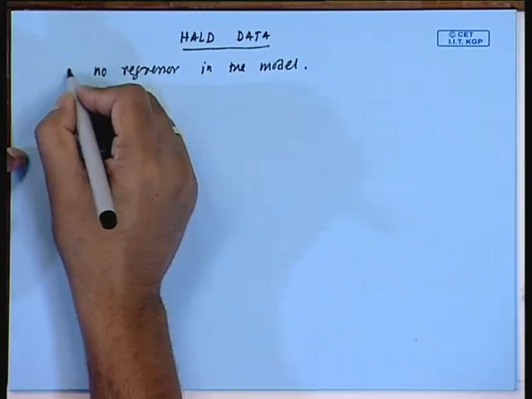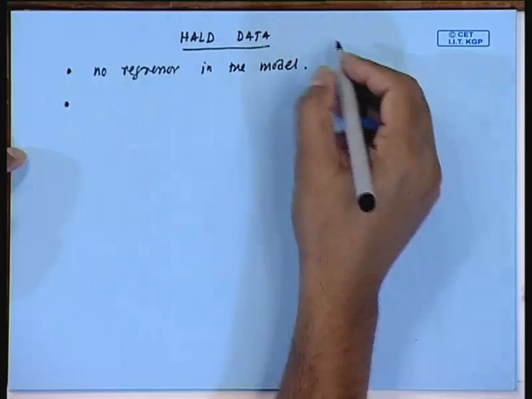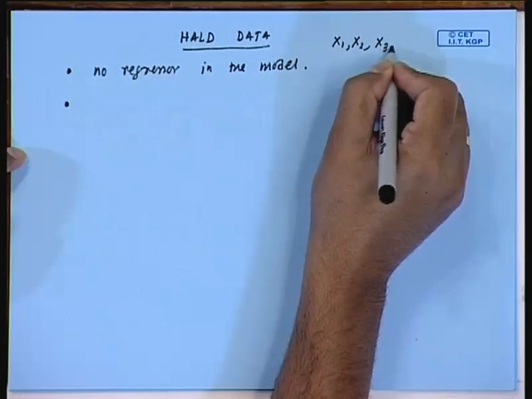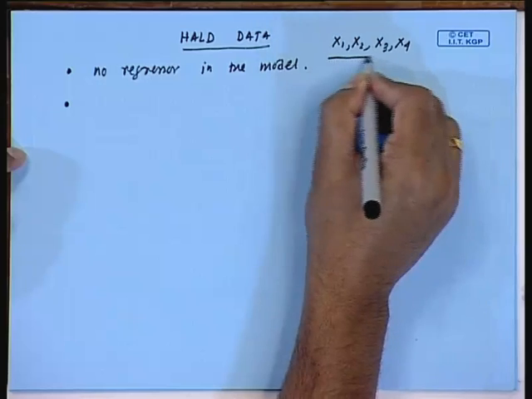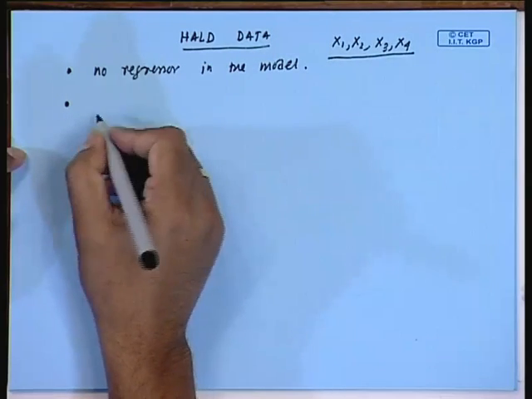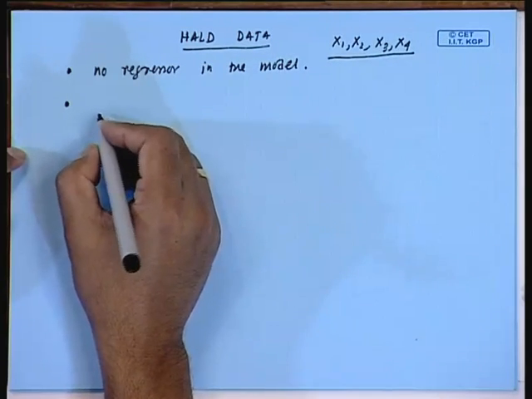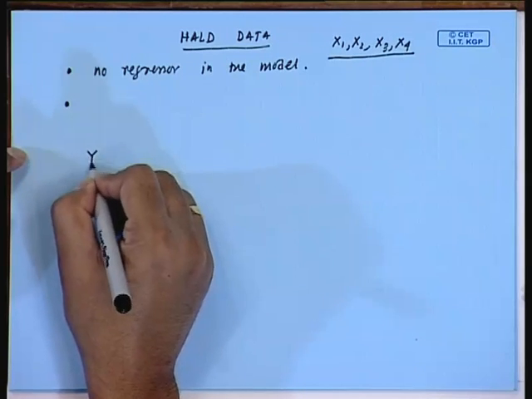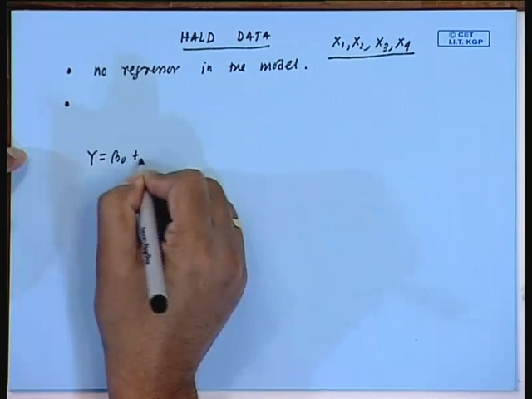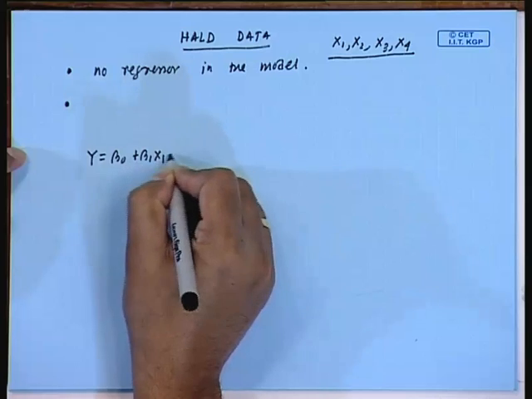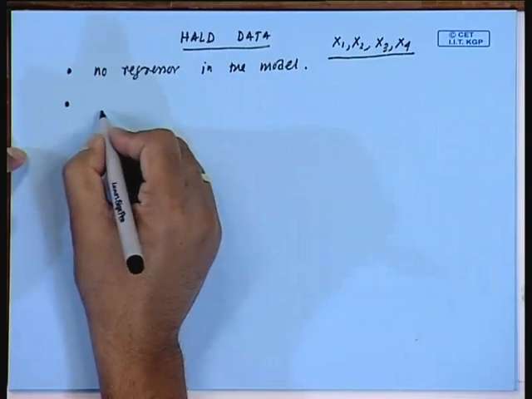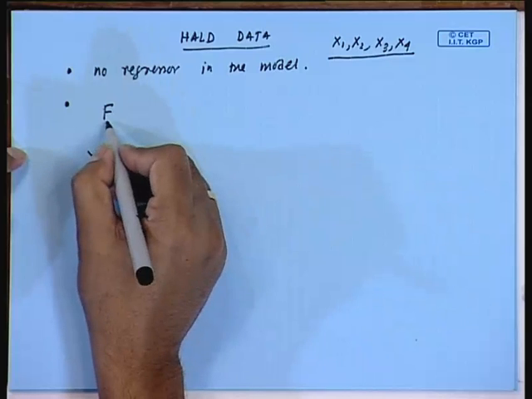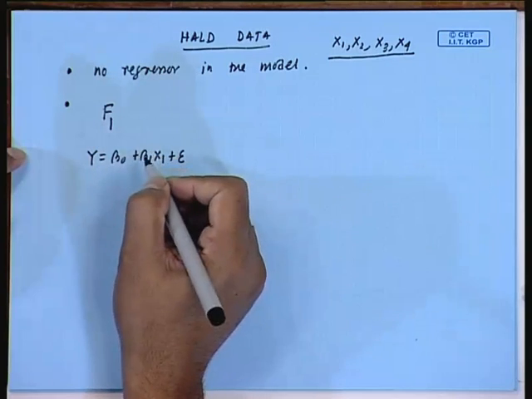For this data there are 4 regressors X1, X2, X3 and X4. Now, I will compute the F value for the model Y equal to beta naught plus beta 1 X1 plus epsilon, the F value associated with this model. I will call it F1.